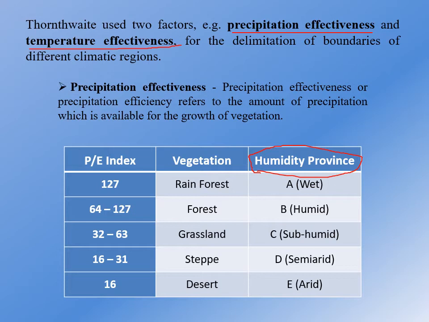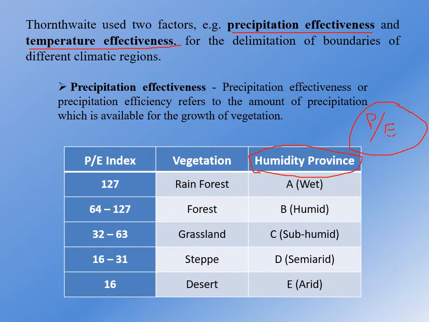So we get a P by E ratio for each month. Now, by summing the P by E ratio for 12 months, we get the annual P by E ratio, that is known as P by E index.